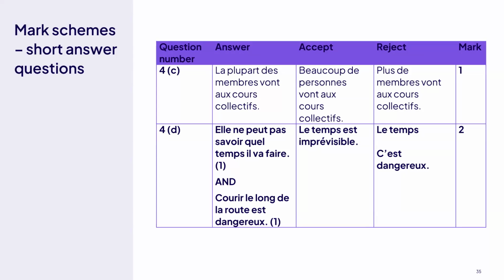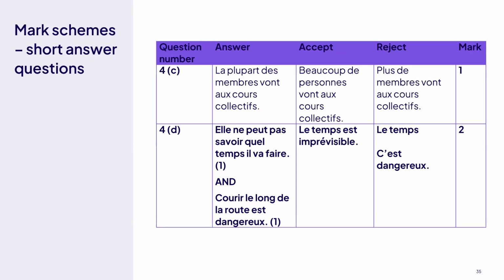Now, when we have a look at the questions where they provide short answers, it's important for you to understand that the mark schemes that we provide are indicative. They're never inclusive. So the answer we're looking for is given.